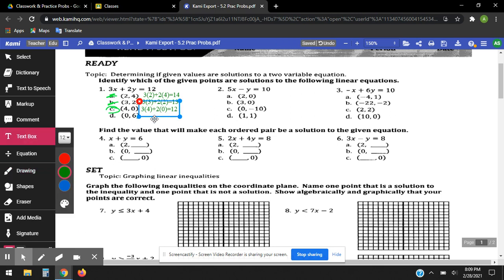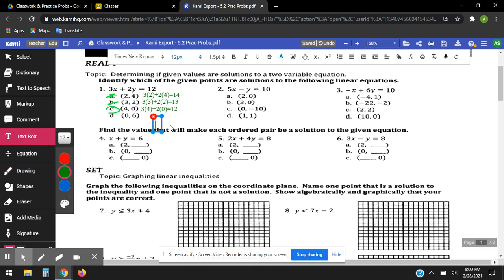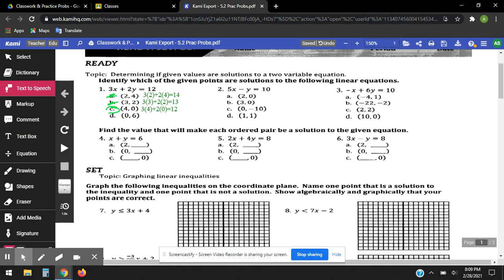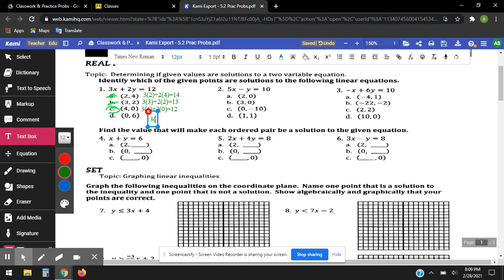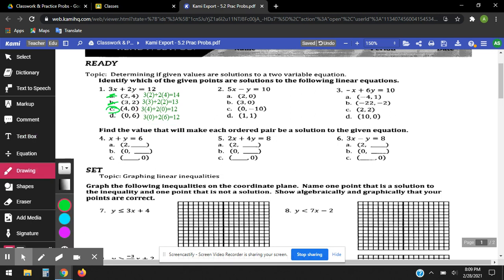Let's test our last one. 3 times 0 plus 2 times 6, be consistent. And so 0 plus 12 equals 12. So we had 2 in this case that worked. C and D.